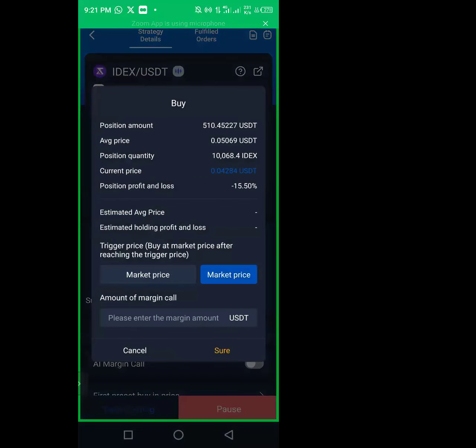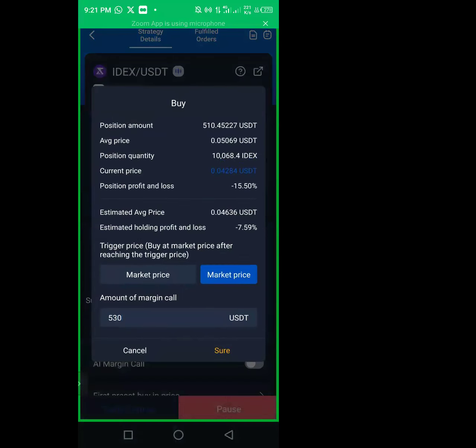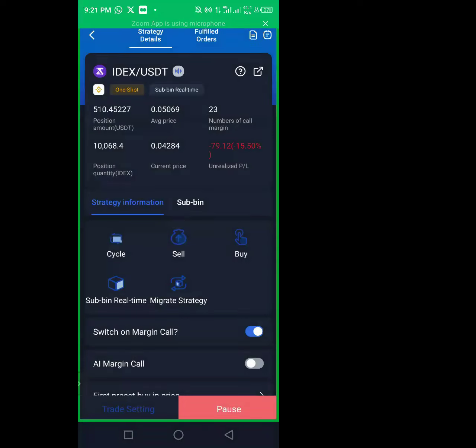So I will go ahead and put 5. Let me use 530. So what I've done is, if I was to wait for this coin to recover by 15%, I was supposed to wait like 2 days. It means that I've reduced the number of days I'm going to wait.